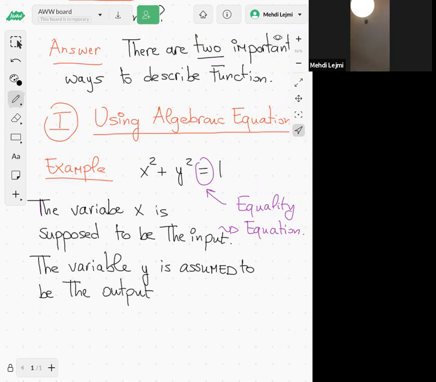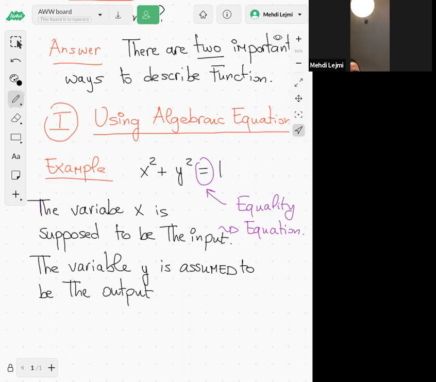So this equation here, x squared plus y squared equals 1, describes a sort of relation between the variable x and the variable y. x is a variable because it can take any value; x can be any real number. So we have the input x, the output y, and this equation, which represents a relation between the input and the output.